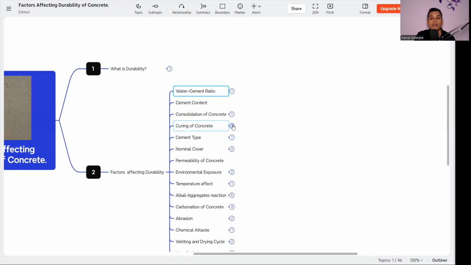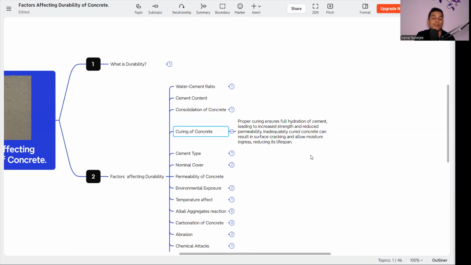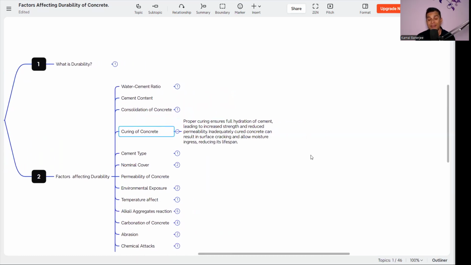Then curing of concrete is very much important to get the proper durability of the concrete. If we cannot do the proper curing, it is not possible to make our concrete durable. Proper curing ensures full hydration of cement, leading to increased strength and reduced permeability. Inadequately cured concrete can result in surface cracking and allow moisture ingress, reducing lifespan.